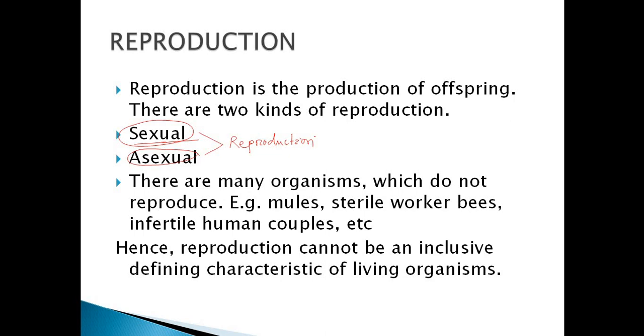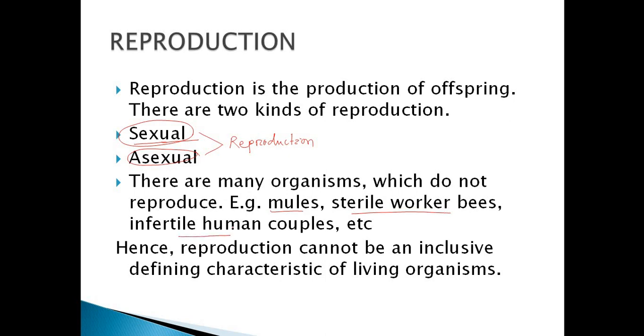There are many organisms which do not reproduce. I told you that reproduction is one character of living organisms, but there are some living organisms which do not reproduce, such as mules, sterile worker bees, which are females, and infertile human couples.